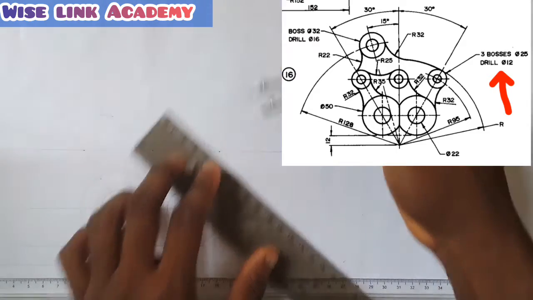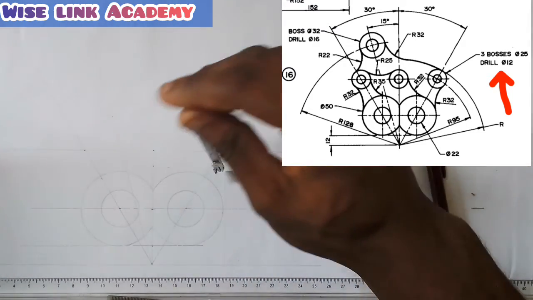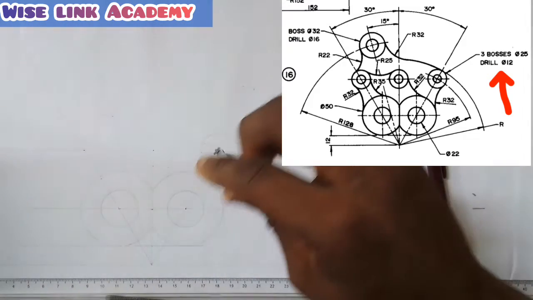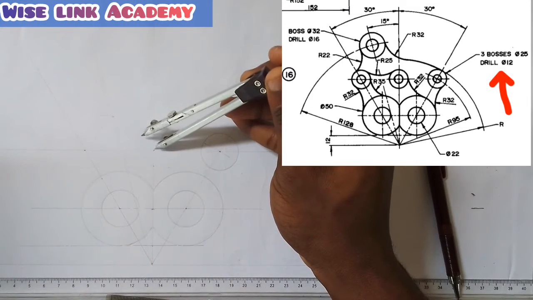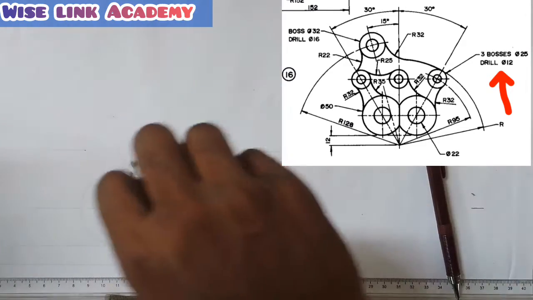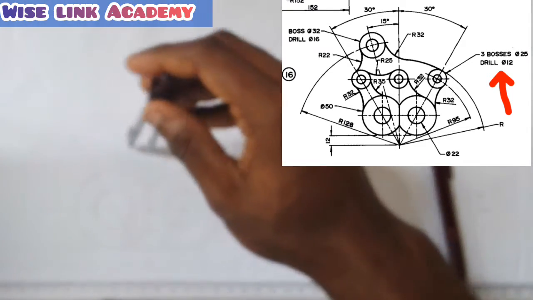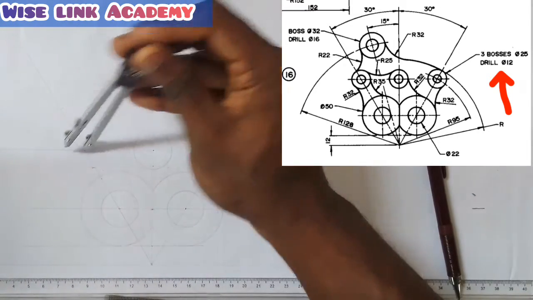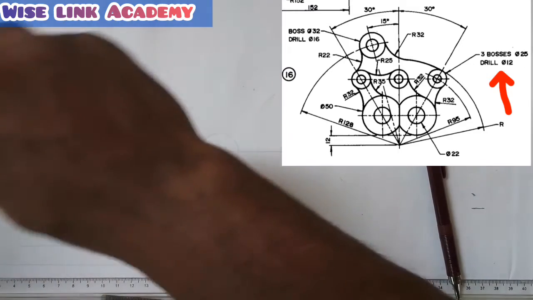At this point here, draw a circle this way. At this center point, draw that same circle because they're the same dimension. Similarly, at this point here too, draw the circle of that same measurement.